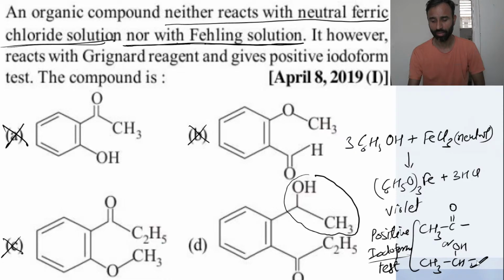That means this is the right option. Because of the presence of C=O, it will react with Grignard reagent, and because it has the CHOH group, it will give a positive iodoform test. So D is the right option.